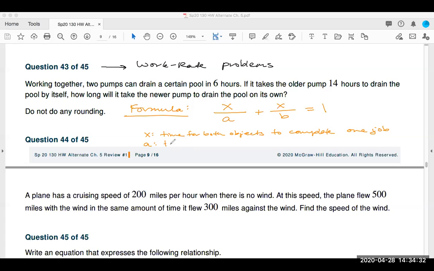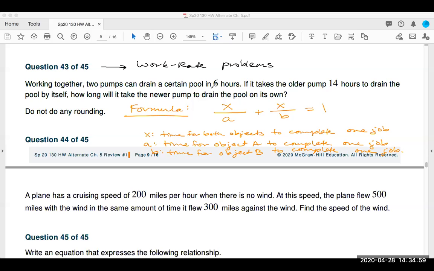A is the time for object A to complete one job. And B is the time for object B to complete one job. Okay.